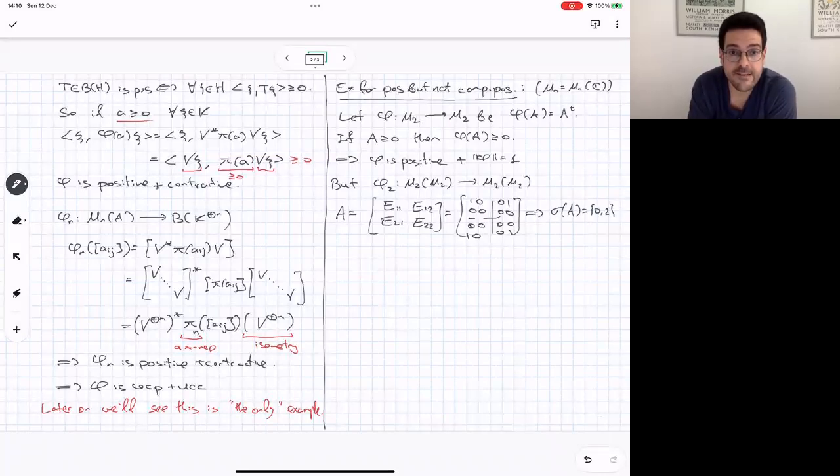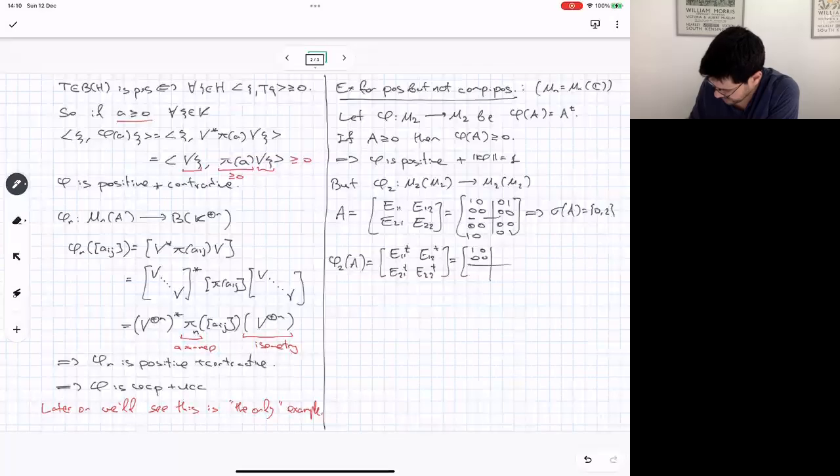But what about A transpose? Phi 2 of A is not A transpose; it's phi 2 of A, which is putting transpose on each of these blocks. Well, you see, it's a permutation matrix.